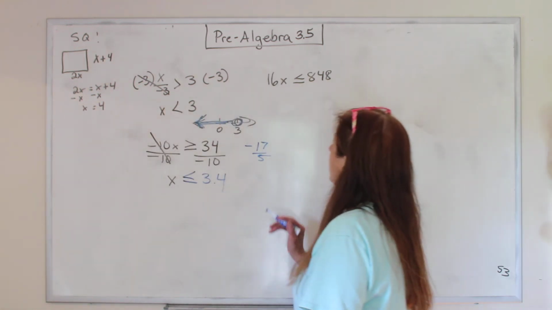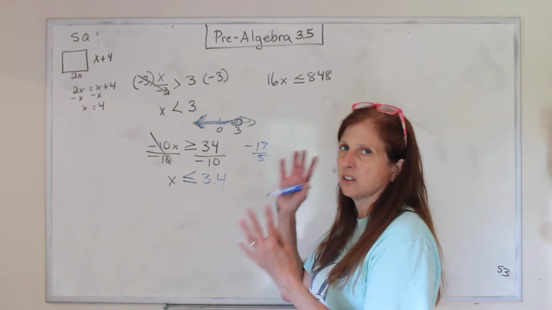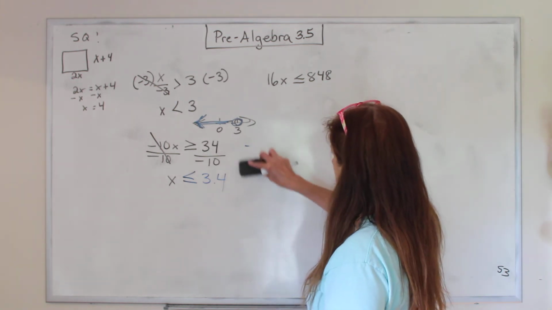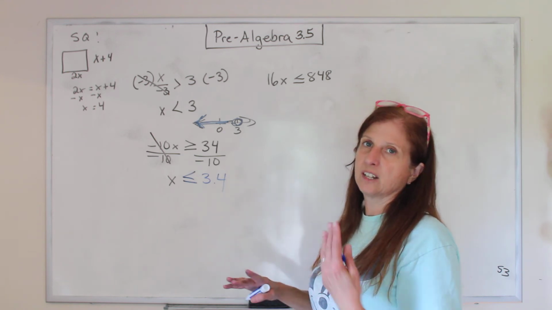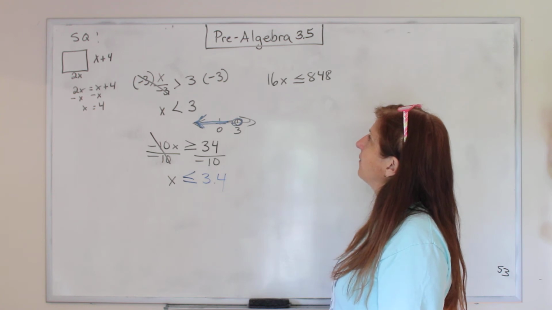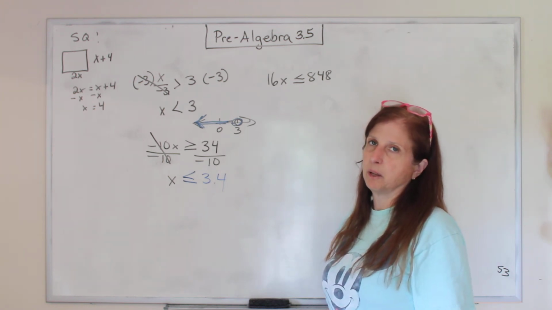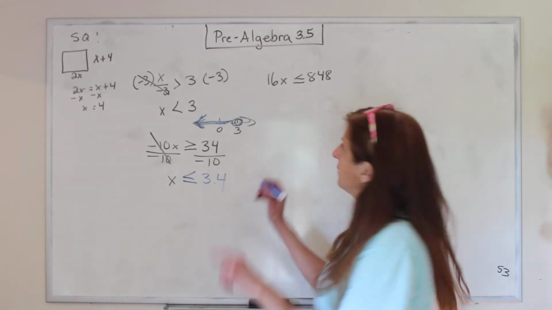Alright, let's do another one. And we've talked about why fractions are better than decimals, because usually they're more correct. Sometimes you have to round to get the decimal, where with the fraction you don't. Alright, why is x not alone? It is being multiplied by 16. What is the opposite? Divide by 16.